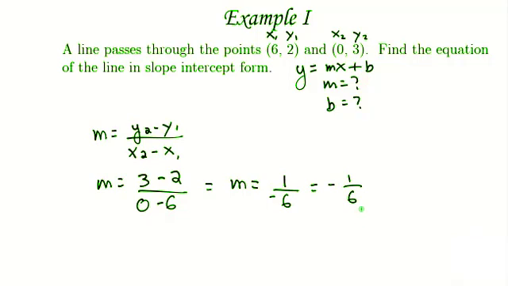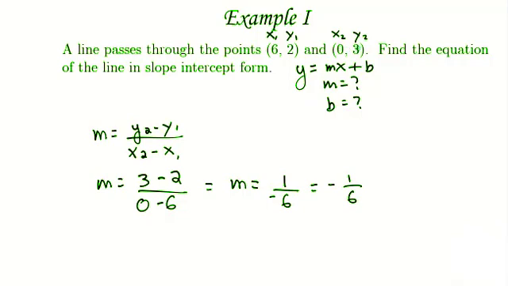The second item I need is the y-intercept. But what's very convenient here is that this ordered pair has x equal to 0. And since the y-intercept is the point where the line described by the equation intersects with the y-axis, x would be 0 at that point.